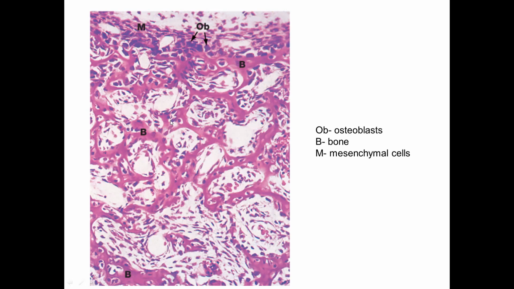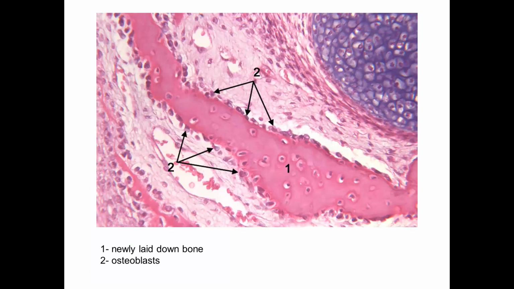So these cells now become osteocytes. Here again you can see all the osteoblasts in the periphery, the newly laid down bone in pink, and the osteocytes now, which are trapped in the bone matrix.